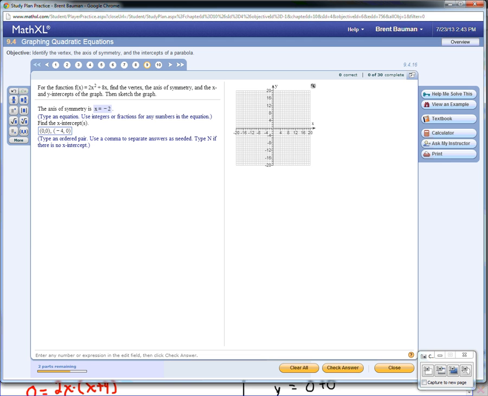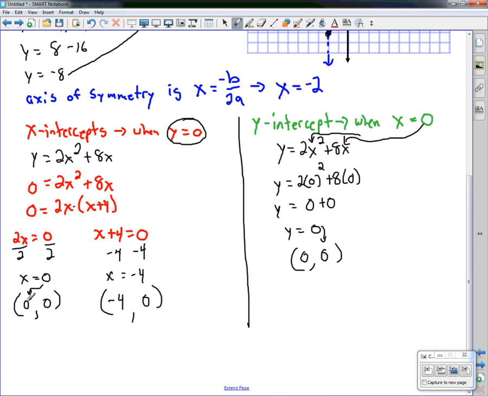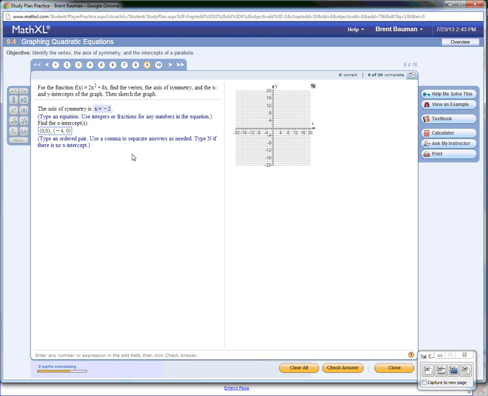Okay, so let's go back to our work, and our x-intercepts 0, 0, and -4, 0. Check our answers. Good. And then we want to find the y-intercept. So we identified our y-intercept was at 0, 0. And we'll check our answer.